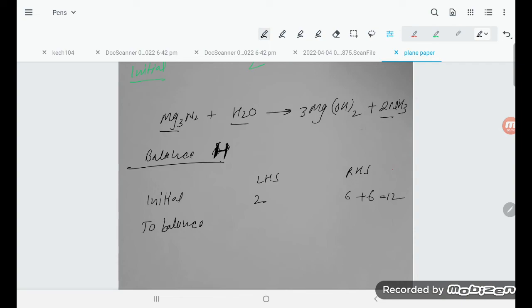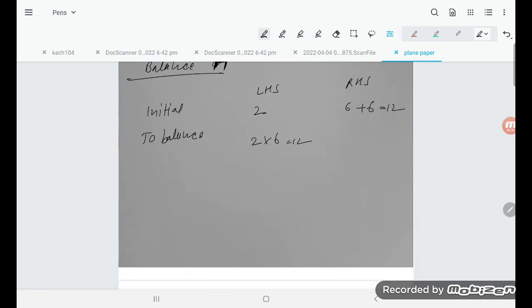So we multiply 2 by 6 to also get 12. Let us write down what comes: Mg3N2 plus 6H2O gives 3Mg(OH)2 plus 2NH3.